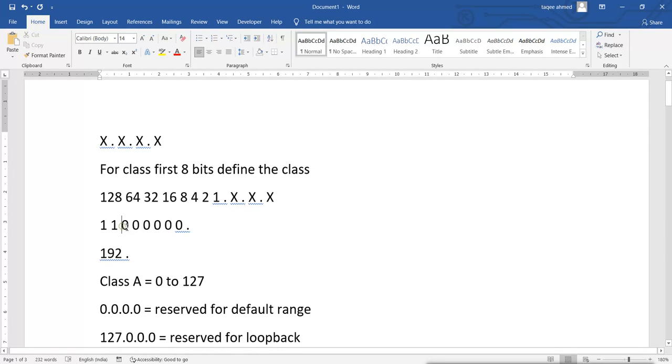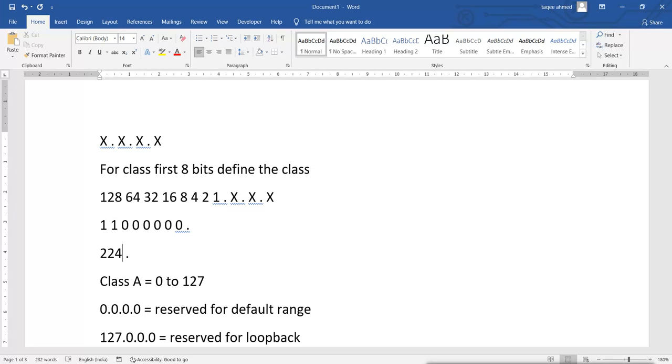Now the third bit, you cannot enable this also, because this bit value is 32. If you combine 128, 64 and 32 together, you get 224, which means it will get out of your class C range, because class C ends on 223.